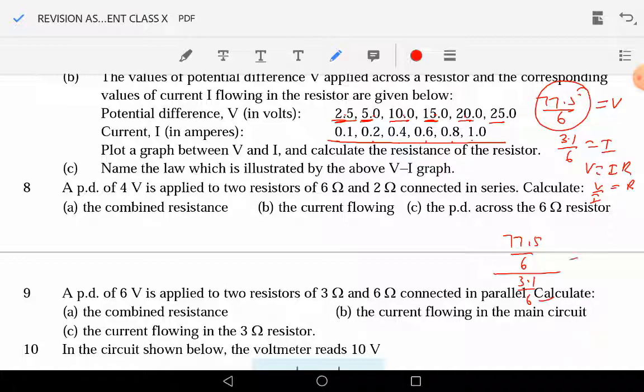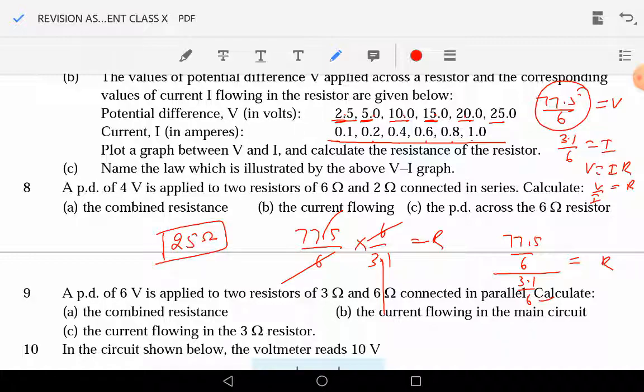We will crisscross it, rearrange it: 77.5 divided by 6 into 6 upon 3.1. 6 and 6 cancel out, and on solving this the value of R comes out to be 25 ohms. That is 775 divided by 31. Yes, it is 25 ohms. So this is how we will find out the value of resistance.